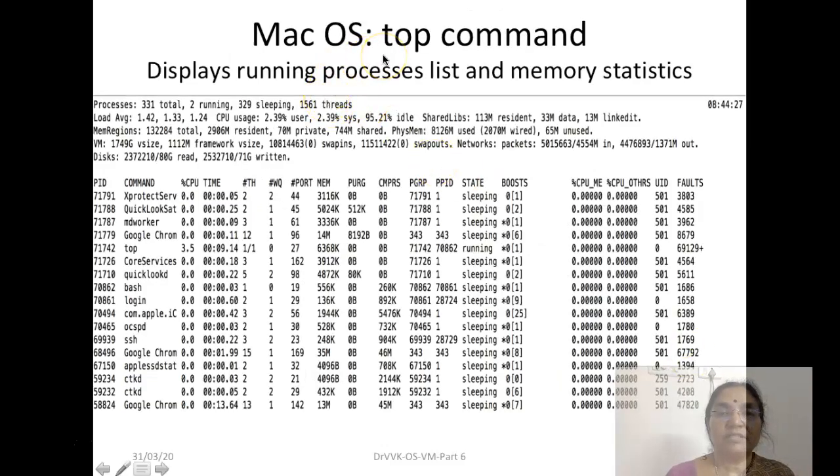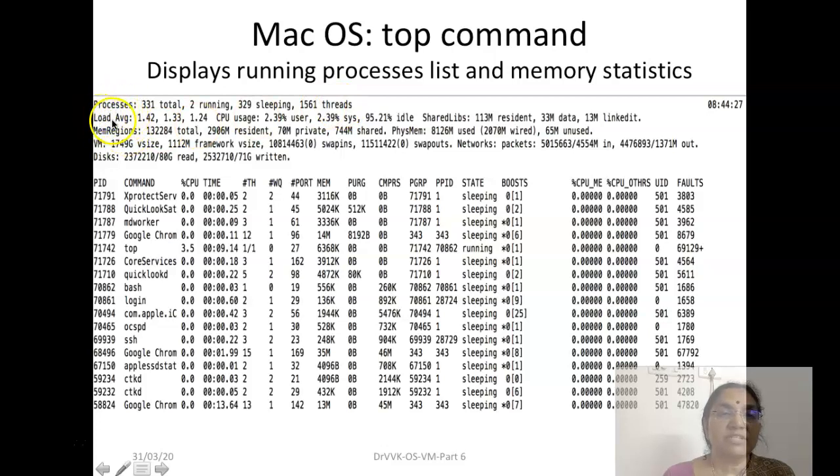Then we have the macOS command. One is the top command through which you can display the running process list and also find the memory statistics. So here you go, you have the number of processes: 331 total, 2 are running, 329 are in sleeping mode, and 1561 threads are running.